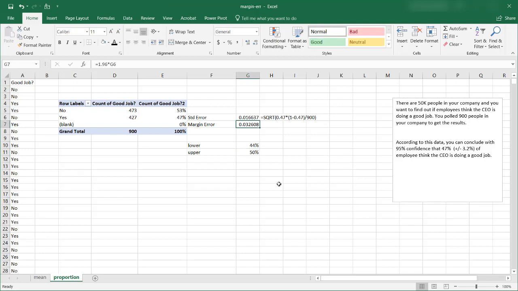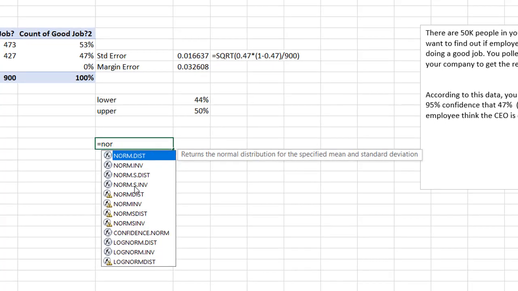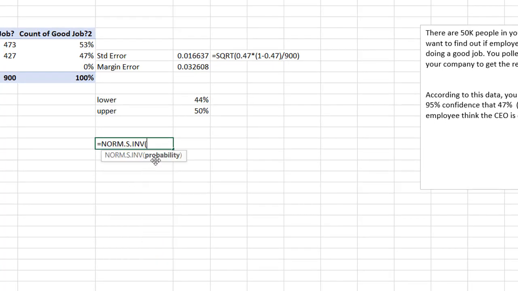Now, incidentally, if we didn't have a z distribution table available, if we didn't have internet access to go and find it, we can actually look it up with some formulas. Let me press escape here. The formula we can use is the NORM.S.INV formula. So this is going to give us a one-tailed score.